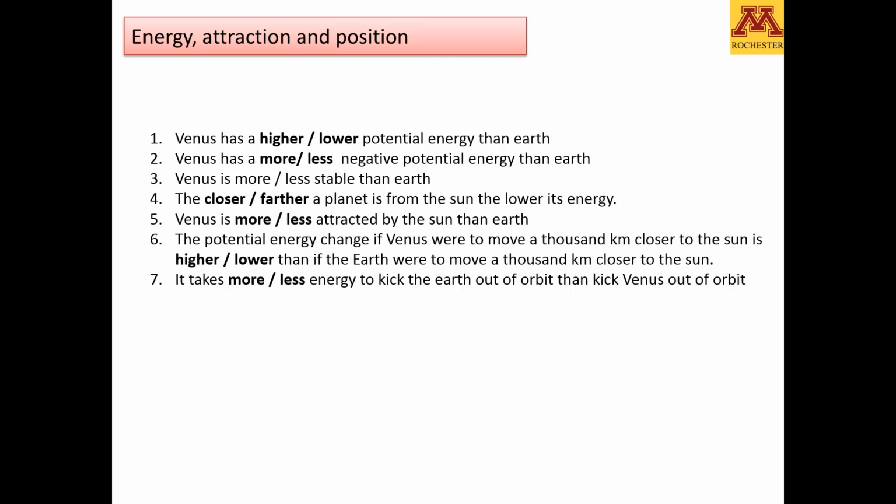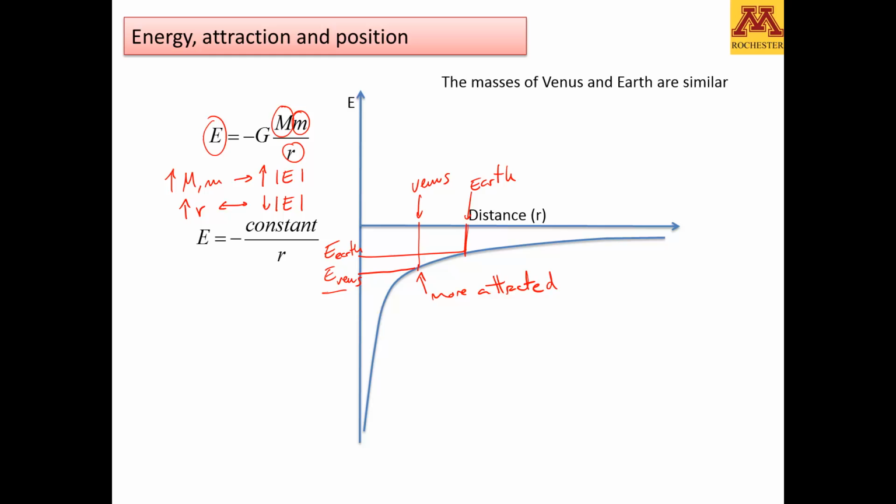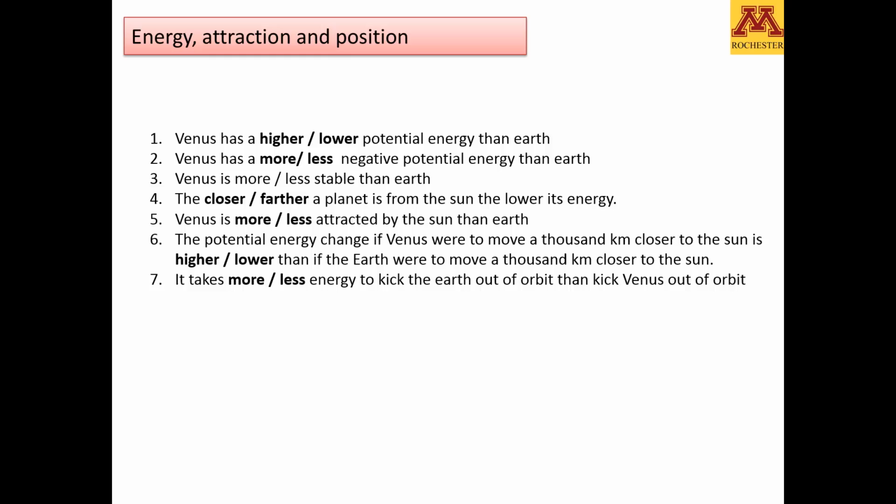Right. So let's again run a simple question, as we said. Does Venus have a higher or lower potential energy than Earth? In absolute terms, the energy of Venus is larger, but it is more negative. So it's a lower potential energy than Earth. Venus has a more negative potential because it's closer. Is Venus more or less stable than Earth?